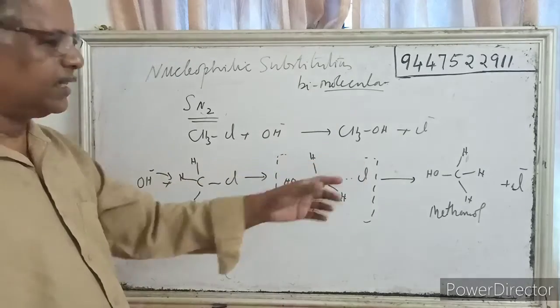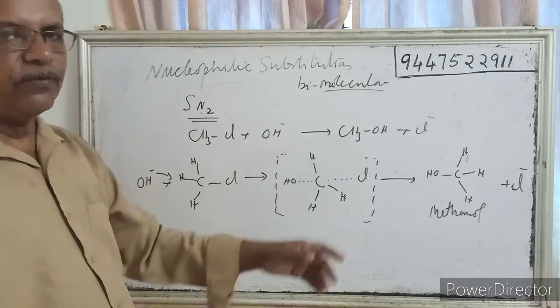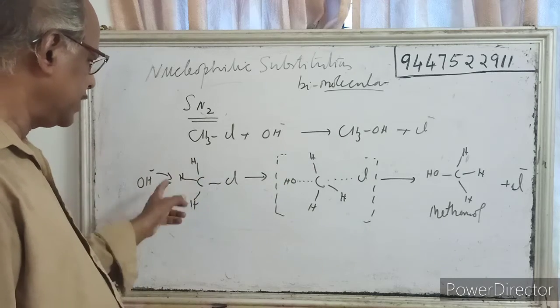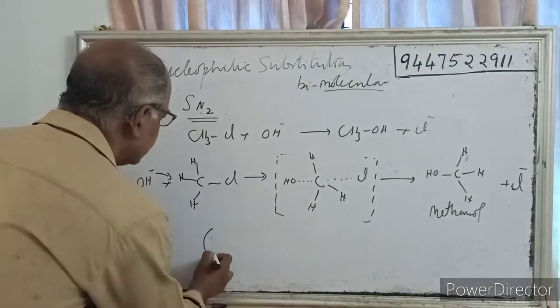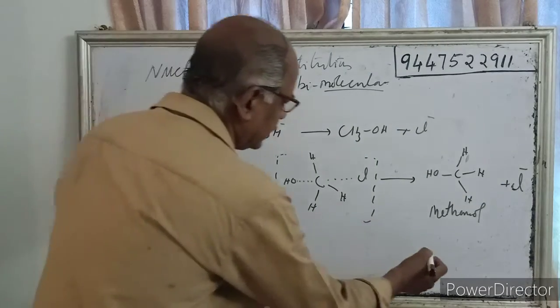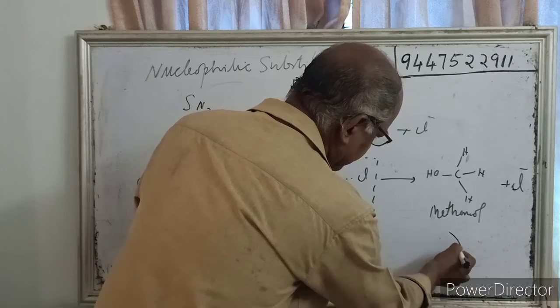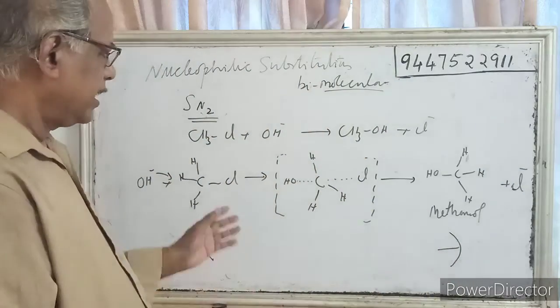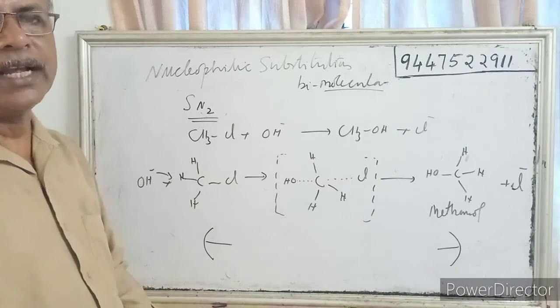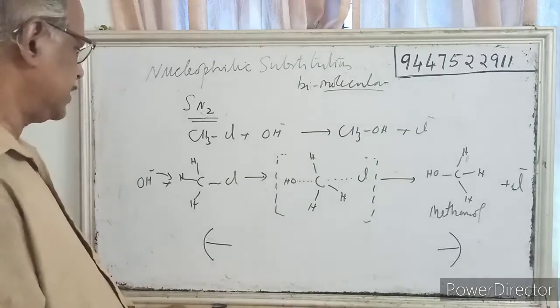Here, during the reaction, there is an inversion of configuration. The configuration has three hydrogen atoms like this, but after the reaction the product becomes like this. So there is an inversion of configuration. An SN2 reaction is always followed by inversion of configuration.